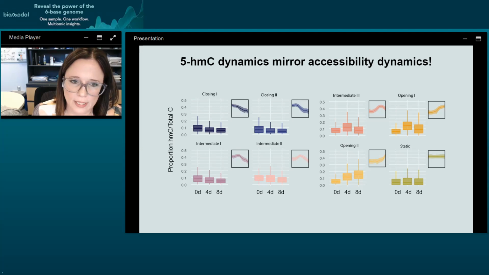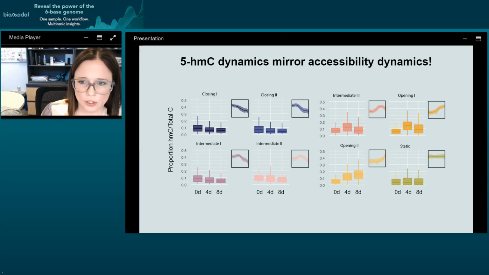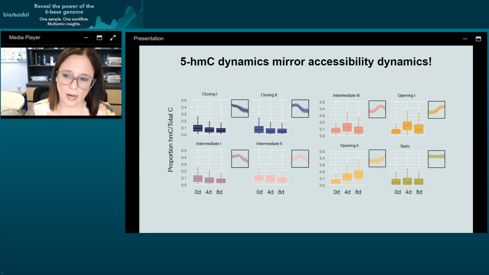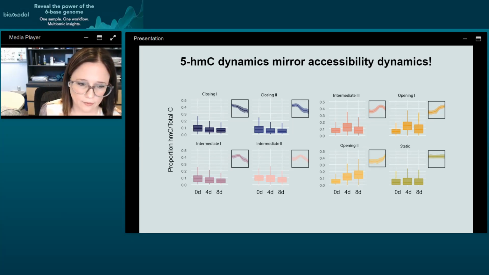So the overall message here is that according to our 6-base data, the 5-hydroxymethylcytosine dynamics really mirror accessibility dynamics. And this was very exciting for us to see, because what we were seeing with our overall methylation dynamics is that these 2 different layers of the epigenome are quite distinct in terms of how they are changing over time, and ultimately, what that means for the regions that are becoming established during this process.